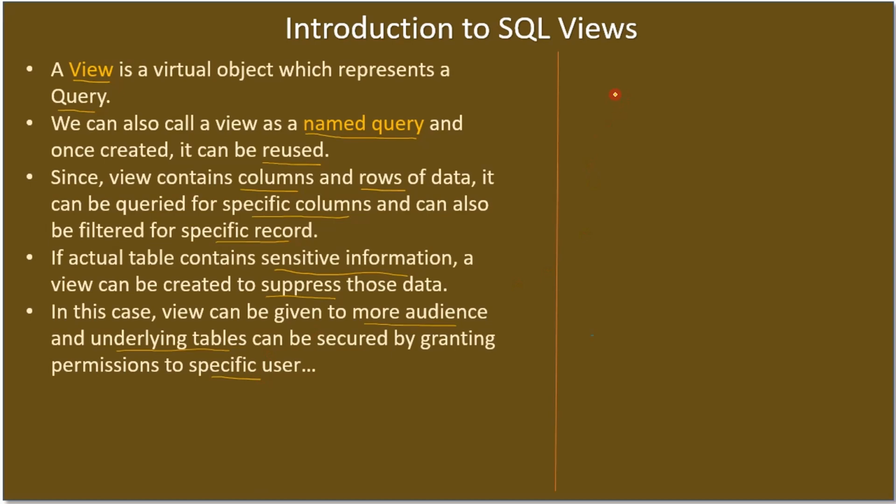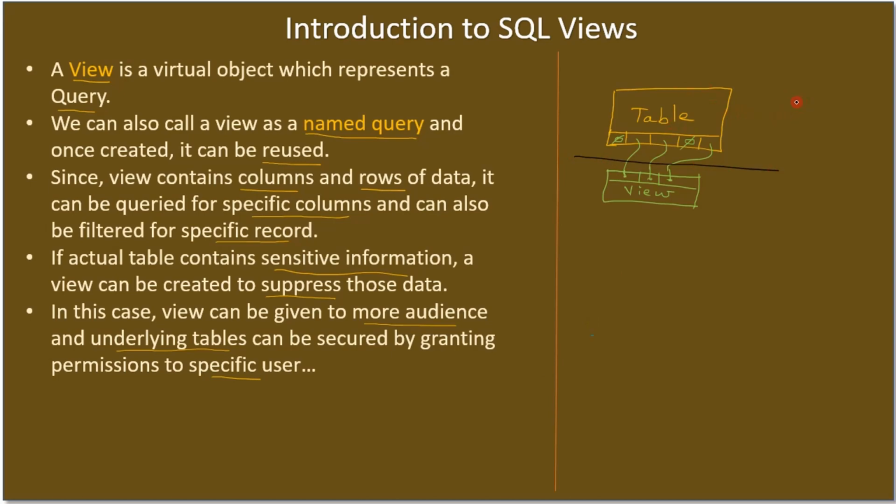So for example, this is the table. If you see here, the table contains sensitive information in particular columns. When we are creating the view, we pick only the columns relevant to the user and we suppress the sensitive information. So at runtime, what happens?